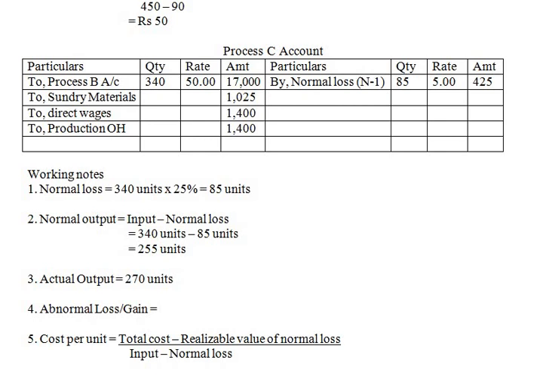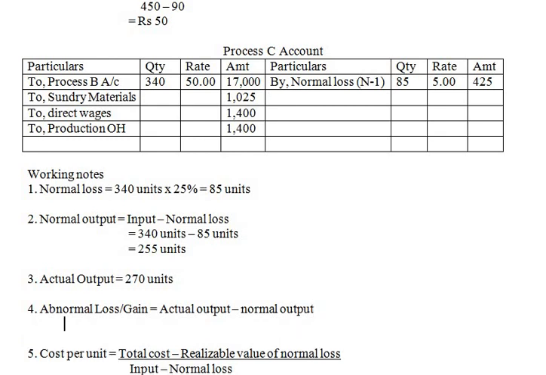Now find out abnormal loss or gain. So the formula is what? Actual output minus normal output. Now actual output is given in the problem 270 units minus normal output we have calculated 255 units.